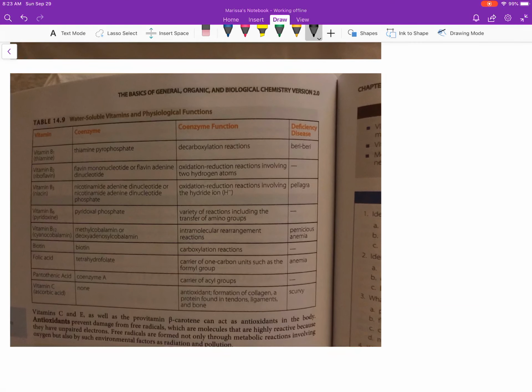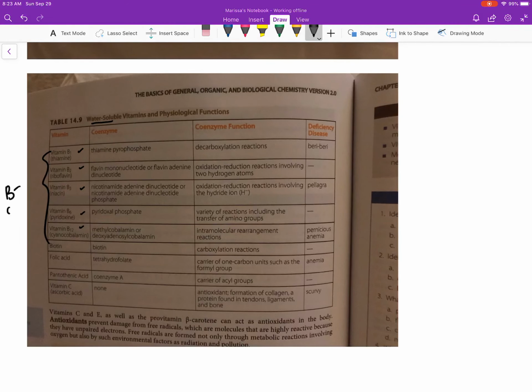Okay. Now, when we start talking about water-soluble vitamins, we have a ton of different kinds. You have vitamin B1, B2, B3, B6, B12. Normally, you can buy this as a B complex. Okay. And then you can see that it has coenzyme function, so what it's responsible for, and then you have your deficiencies over here.